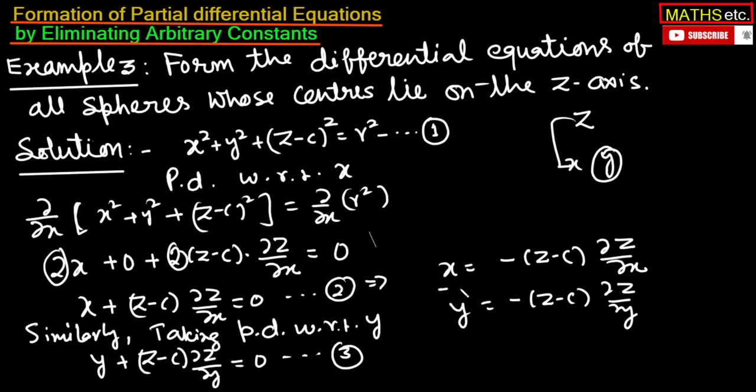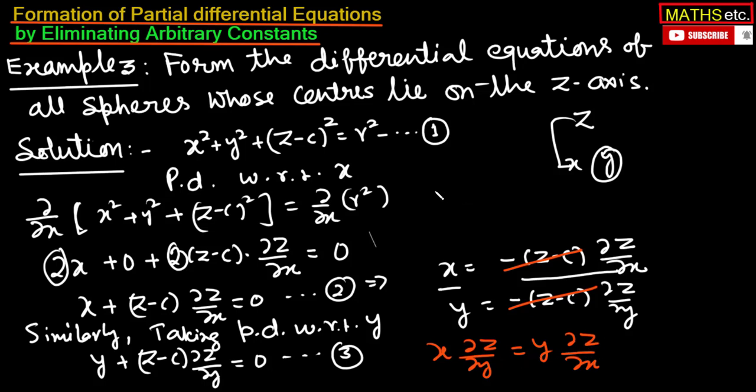Now we divide left hand side by left hand side, right hand side by right hand side. So the minus (z minus c) factor will cancel out, and that way we have eliminated all the arbitrary constants. And we will cross multiply here. We will get x del z over del y equals y del z over del x, and this is the required differential equation.